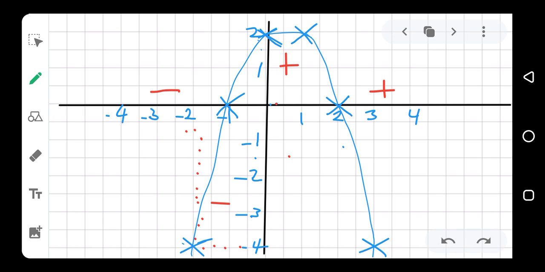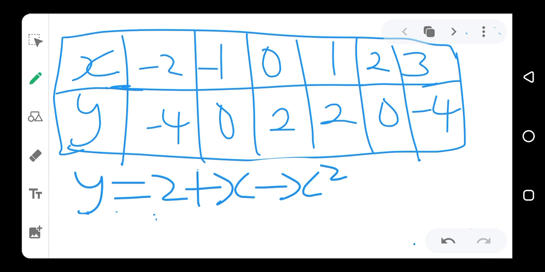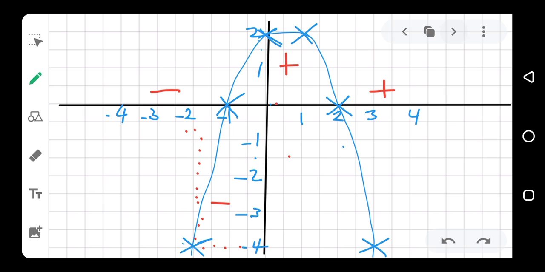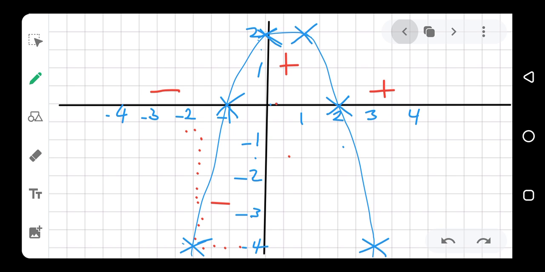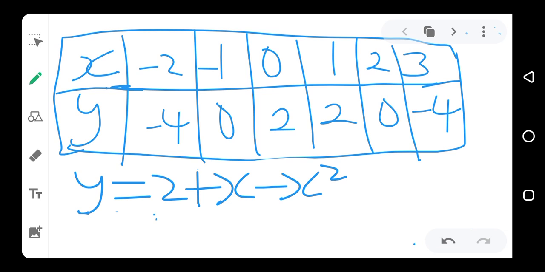Now, we do the same thing, joining other ones in the table. We join 0 and 2, 1 and 2, 2 and 0, 3 and minus 4. If we join 0 and 2, that is when x is equal to 0, y is equal to 2.